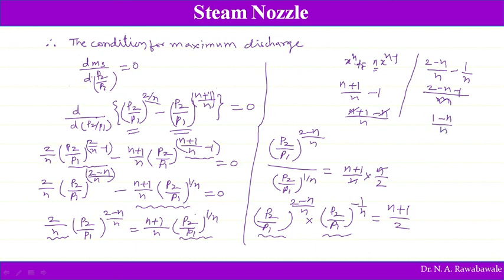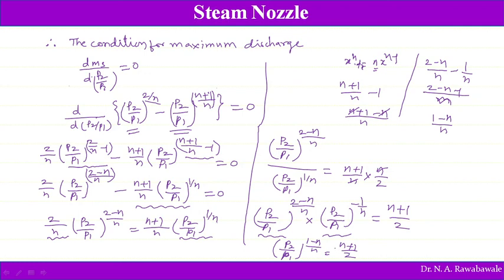So here p2 divided by p1 to the power of 1 minus n divided by n is equal to n plus 1 divided by 2.